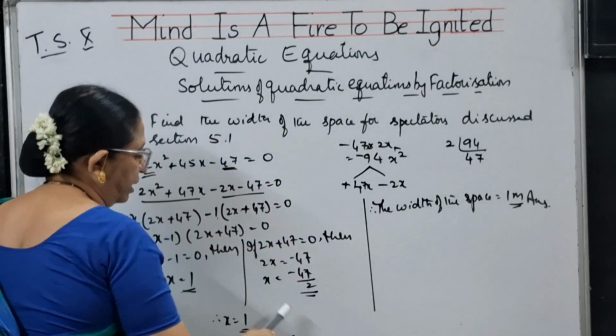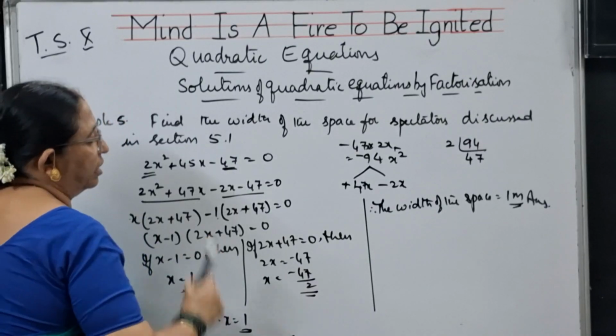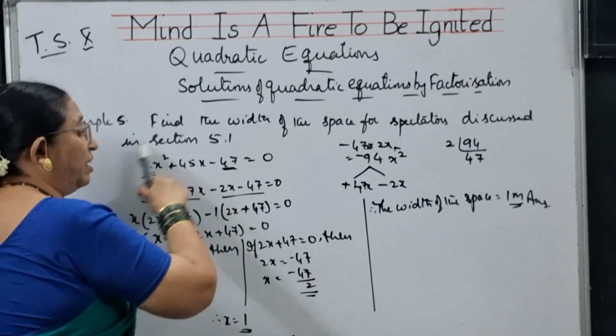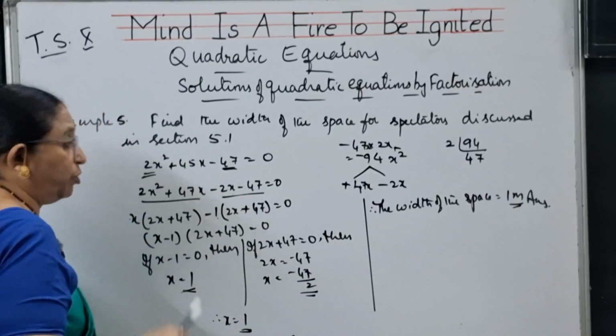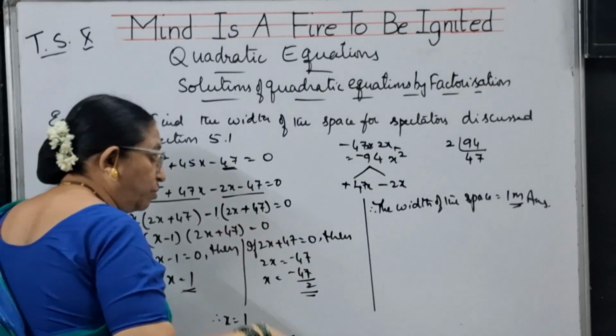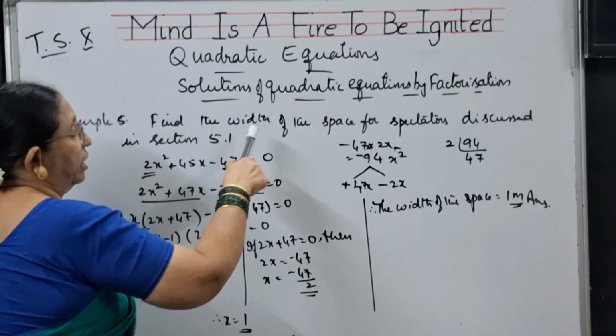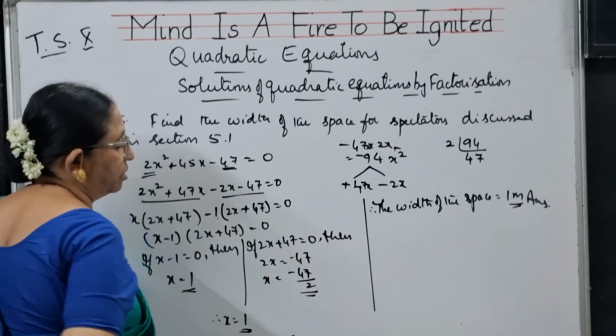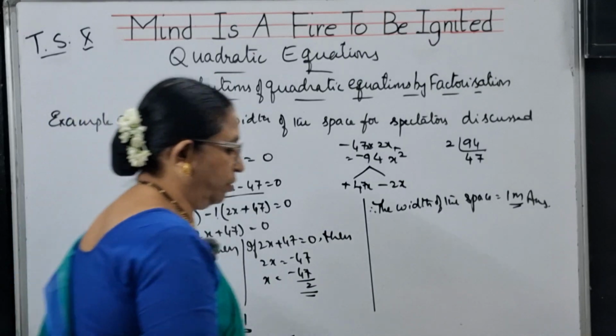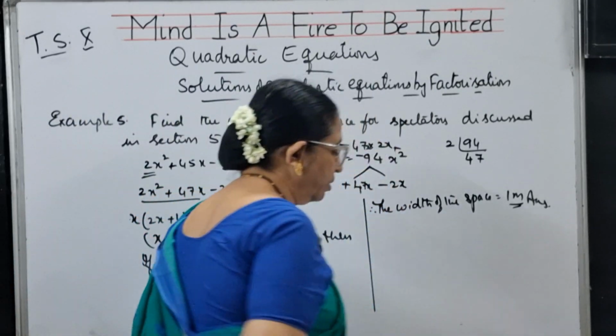Width can't be negative, so we should take the x value as 1. In general, if you get this equation, you can write x value as 1 and minus 47 by 2. But in this problem, specifically they are asking width. Width can't be negative, so we have to take its value as positive. I hope I am clear, children. Please note it down.